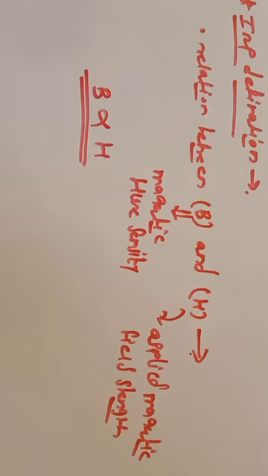The next topic is the influence of an external magnetic field. We know that the behavior of a material in an external magnetic field classifies the material into different types.